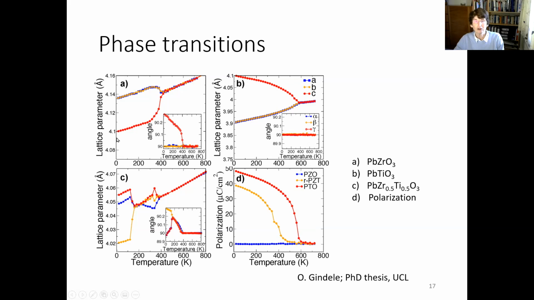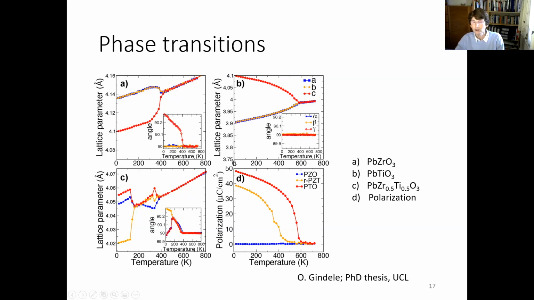And then we work out what the lattice parameters are and how they change with temperature. So these just show that we can capture the rhombohedral structure, and the tetragonal structure, where you can see that the A and the B parameters are the same, but they're different from C. And all the angles here are 90 degrees. So this is tetragonal. This is for the PTO, which we know should be tetragonal.